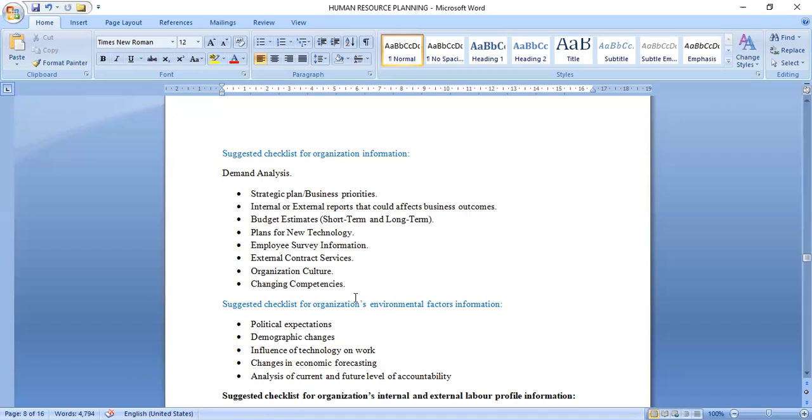Then look at the changing of the organization culture. You may find that a particular organization may not really believe so much in employing people from outside the organization, but rather they believe in someone within the organization being trained, and then they are promoted to that other job that requires a specialized kind of skill.